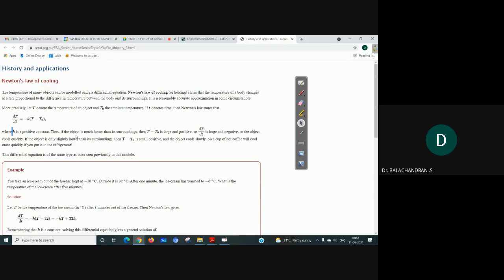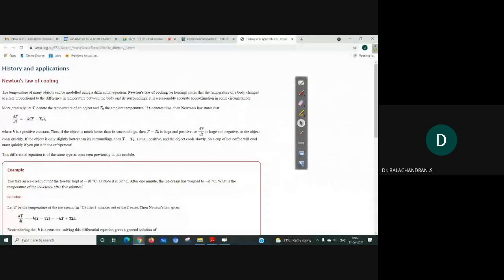If the object is much hotter than its surroundings, this T is much bigger than T naught, so T minus T naught is large and positive. That means dT/dt is a large negative number, so the object cools quickly.